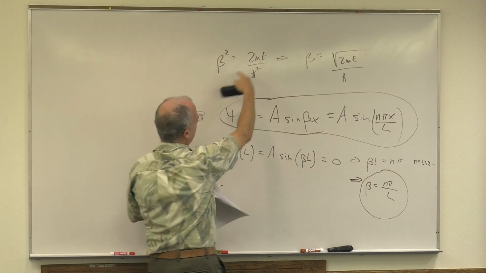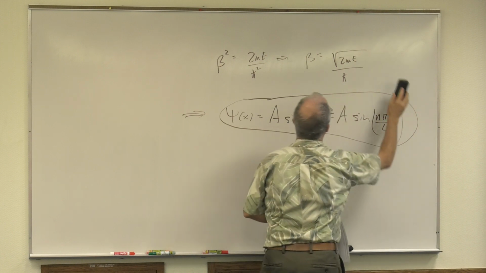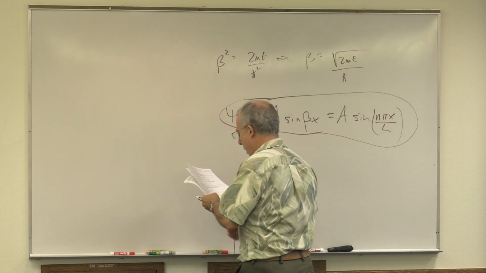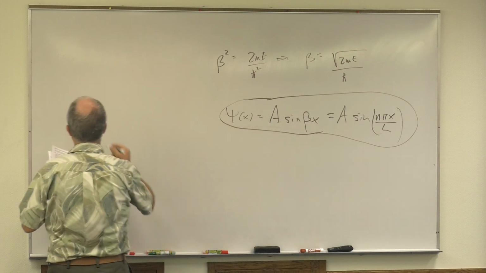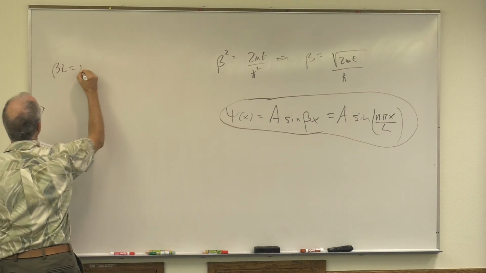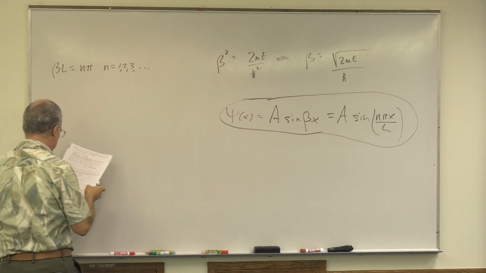It basically explains why we did this beta squared business. Up here, and also over there, but I just erased it, I had beta L equals n pi, where n is 1, 2, 3, on and on and on.